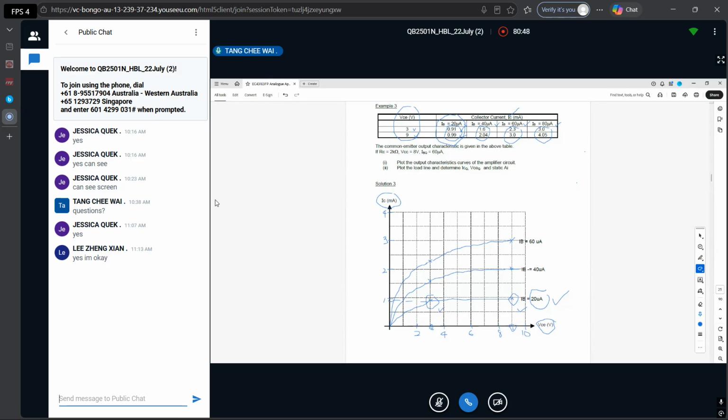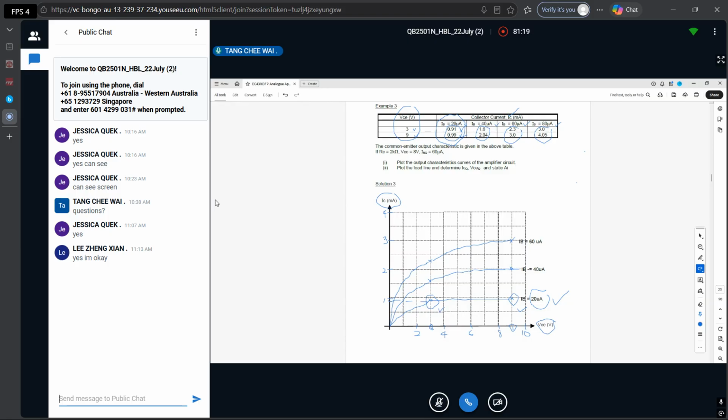So go back to the table at the top, and now we look at IB equals to 40 micro. First thing, okay, just leave it first. And now we have, as usual, we look at the VCE and base current. So same old thing, the VCE is 3 volts. Here, this column, the first column here, VCE, I repeat, 3 volts.